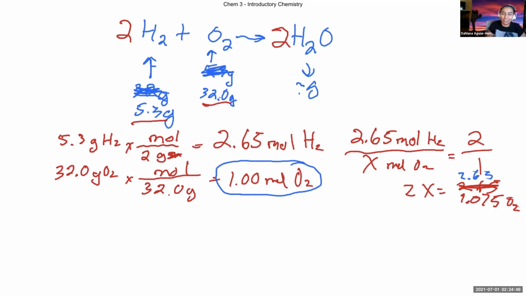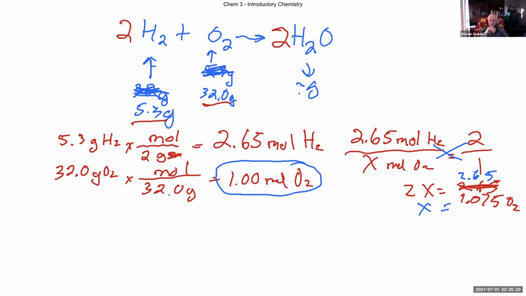Then x equals 1.075. Does that make sense now? It's 2.65 divided by 2.